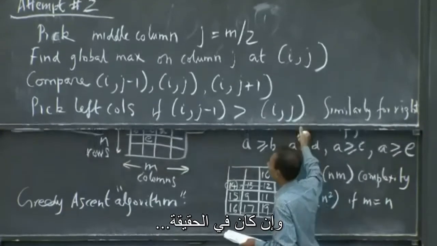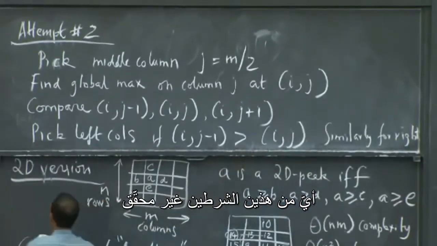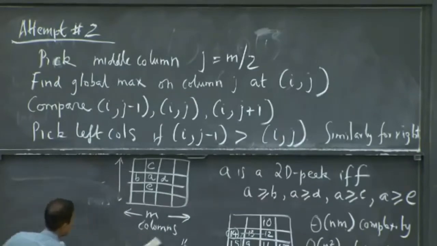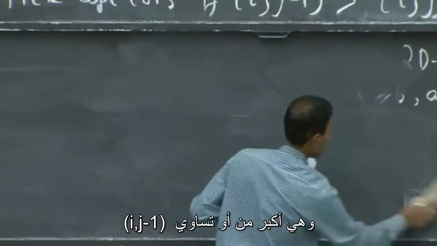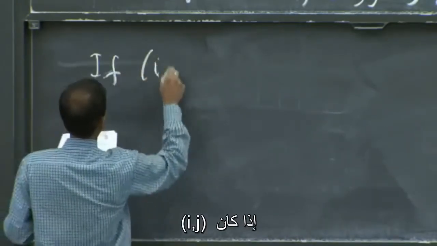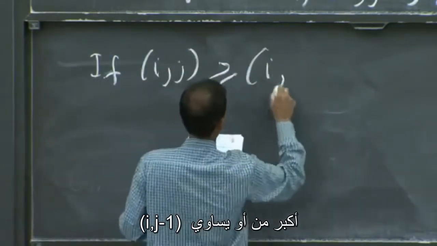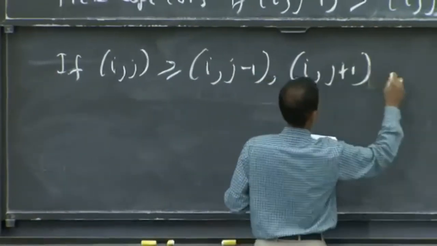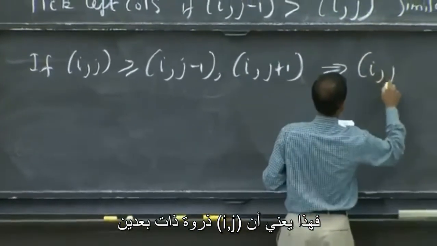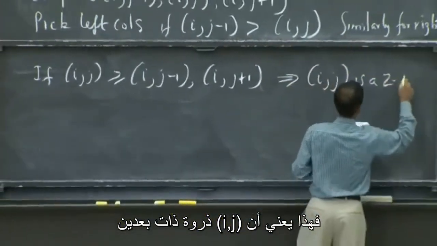And if in fact either of these two conditions don't fire, and what I have is (i, j) is greater than or equal to (i, j minus 1) and (i, j plus 1), then I'm done. Just like I had for the 1D version, if (i, j) is greater than or equal to (i, j minus 1) and (i, j plus 1), that implies (i, j) is a 2D peak.